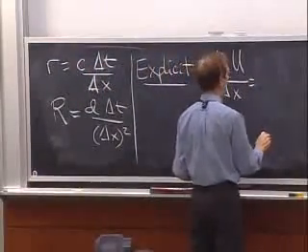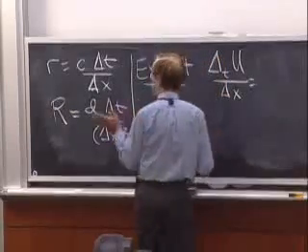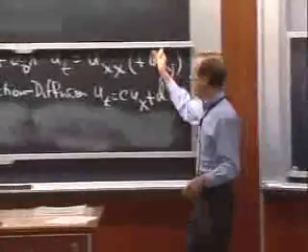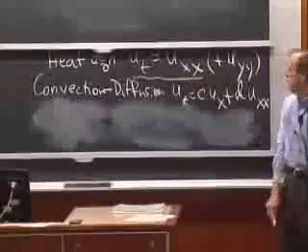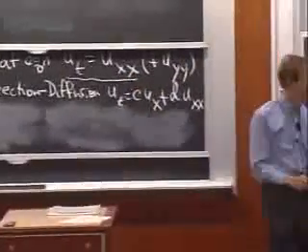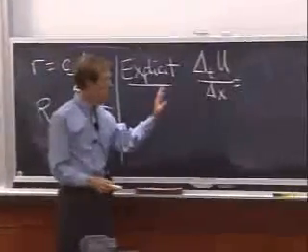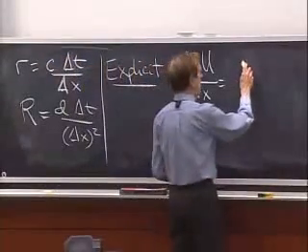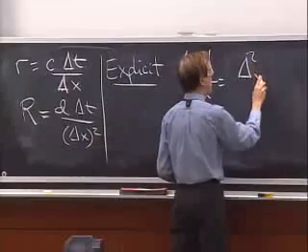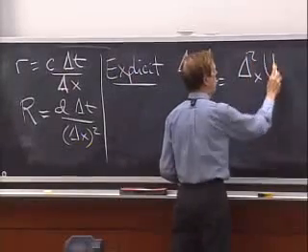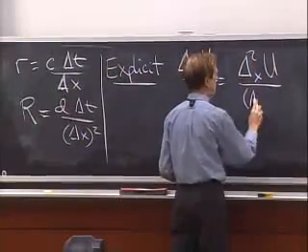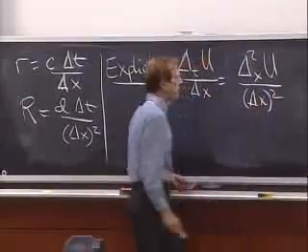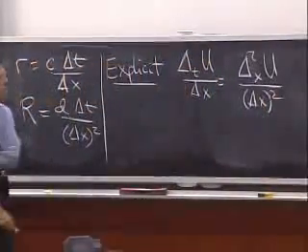And I'm doing the heat equation with C equal to 1, normalized, to keep things simple. So here I'm going to take a second difference in the x direction of U divided by delta x squared.